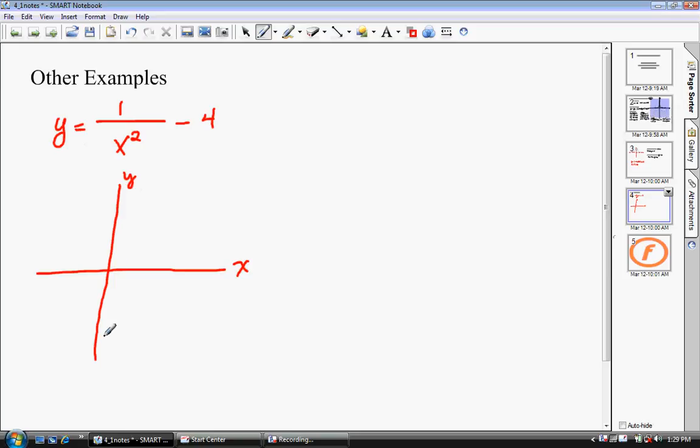So my vertical asymptote at x equals 0 is still there. What about my horizontal asymptote? My horizontal asymptote was at 0, but now it's got to shift down 4 units. So now my horizontal asymptote is at y is equal to negative 4.